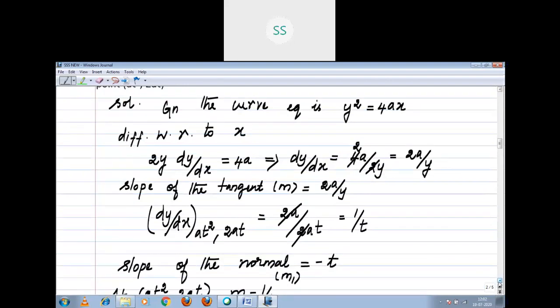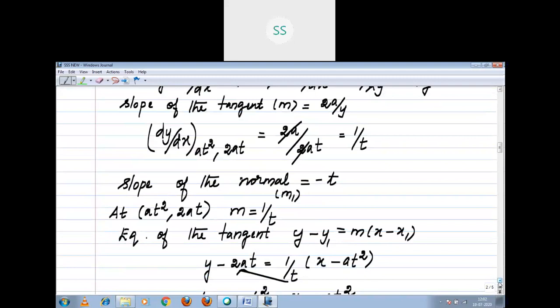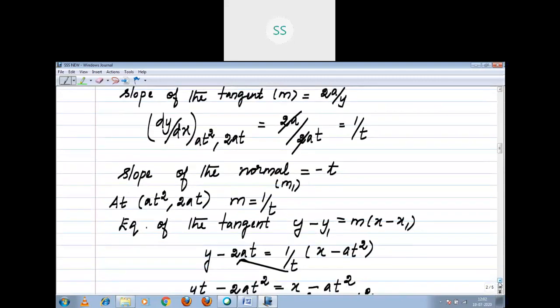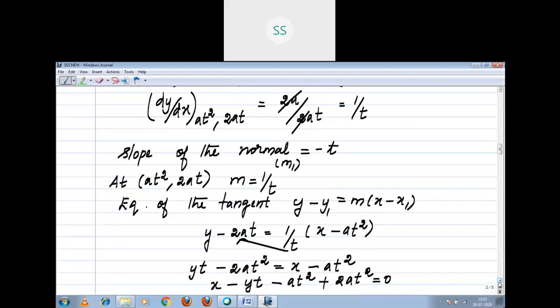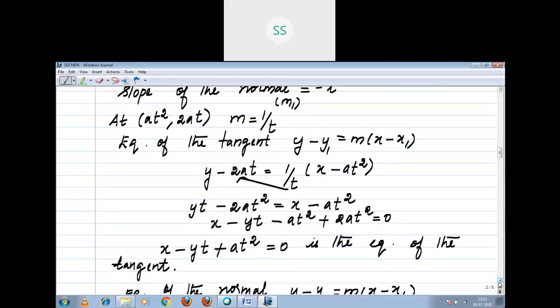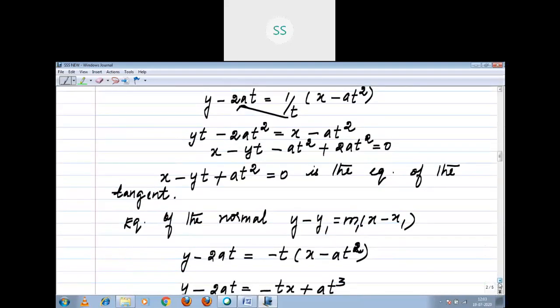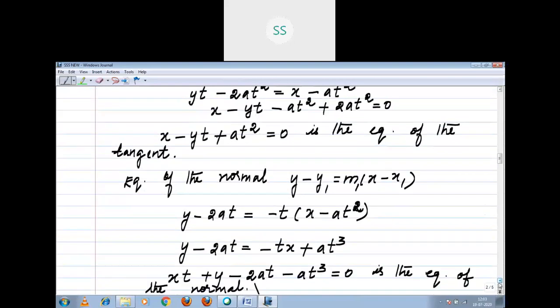You are going to get the solution for the equation of the tangent and the equation of the normal. Y minus y1 equal to m into x minus x1. You arrived at x minus yt plus at² equal to 0 as the equation of the tangent. Next, the equation of the normal: you arrived at xt plus y minus 2at minus at³ equal to 0.